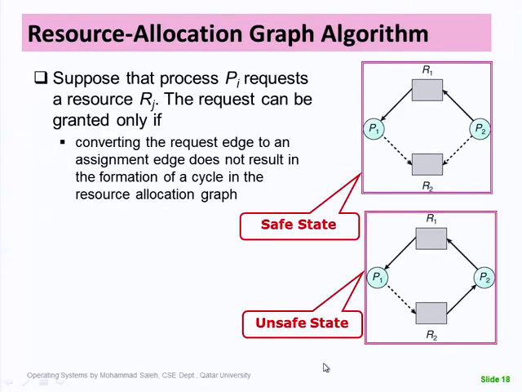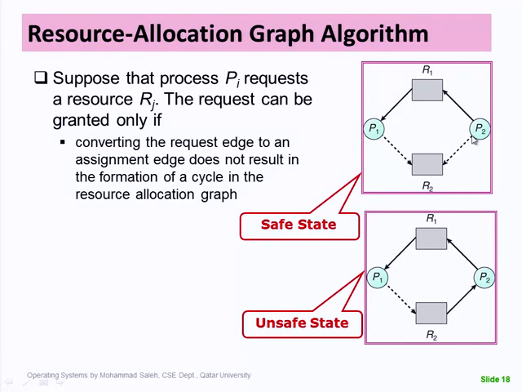So if I have something like this, this is an initial state of 2 resources and 2 processes. I don't have any cycle in here. I have a request, and I have an assignment, and I have 2 claim edges. So I don't have a cycle at all.